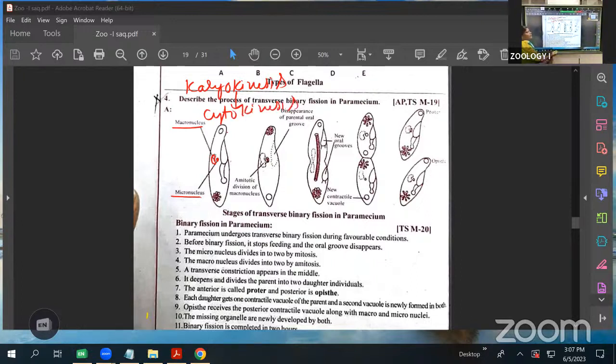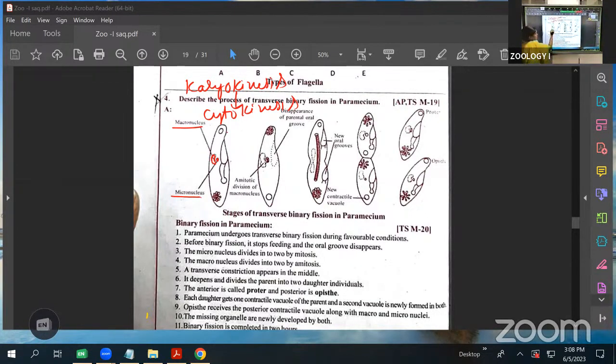Karyokinesis means the nucleus first divides, and after that the cytoplasm is divided. Depending upon the division of the cytoplasm, two types are there: transverse binary fission and longitudinal. In paramecium, transverse binary fission occurs.